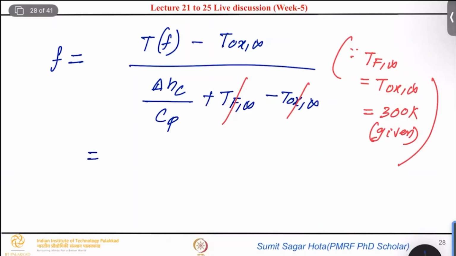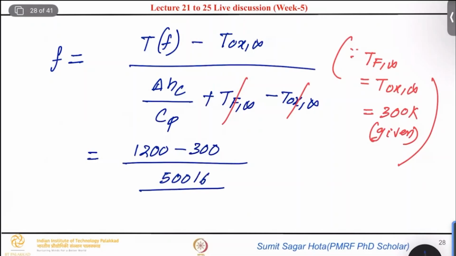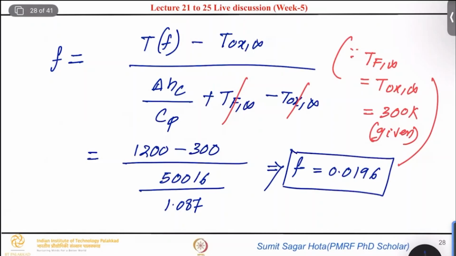Now substitute the values and get the answer. The value comes out to be 0.0196, and this expression has no unit and no dimension, mixture fraction, because Kelvin divided by kilojoule per kg divided by kilojoule per Kelvin gives no unit. All are cancelled, if you see the units.